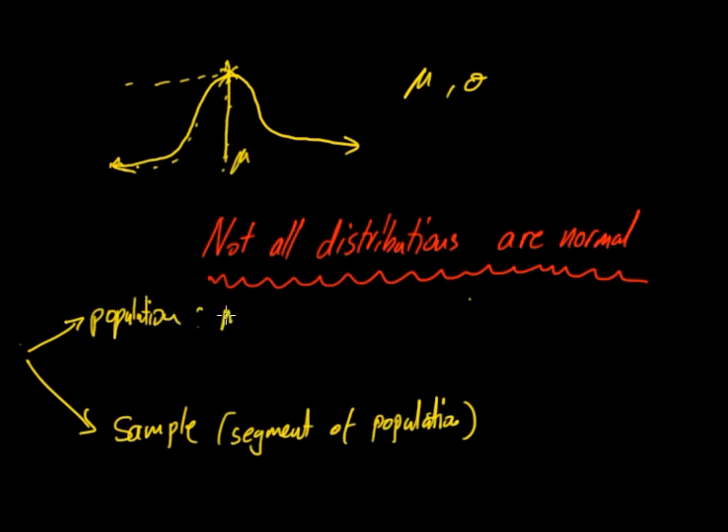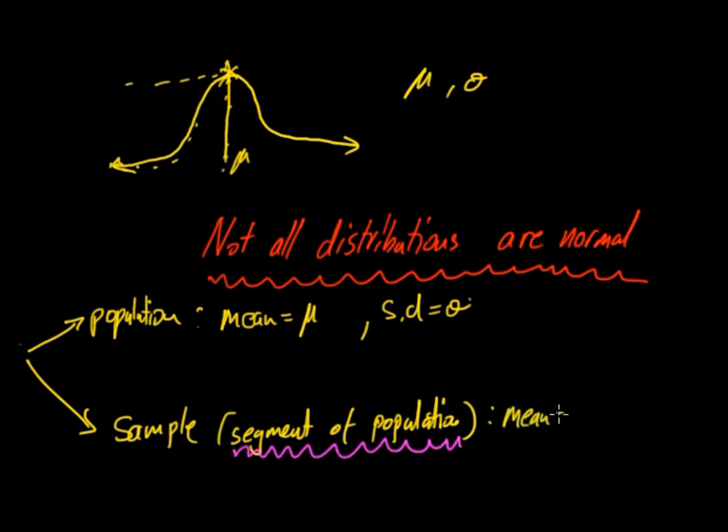In a population, the mean is equal to mu, so that's simple, and the standard deviation is equal to sigma. However, if we are looking at a sample, so this is a segment of the population, not the entire population, then the mean is equal to x bar, so x with a bar on top, and the standard deviation is equal to s.